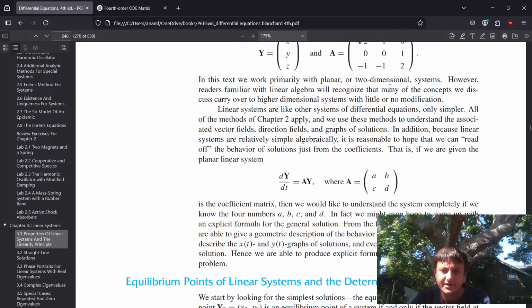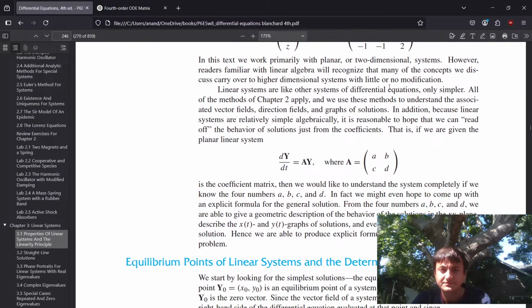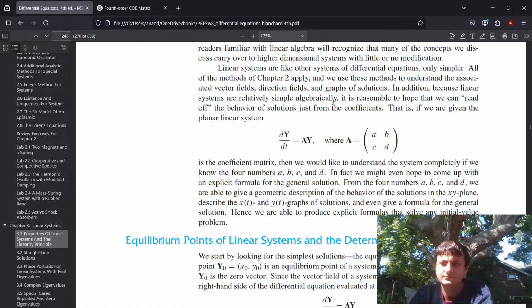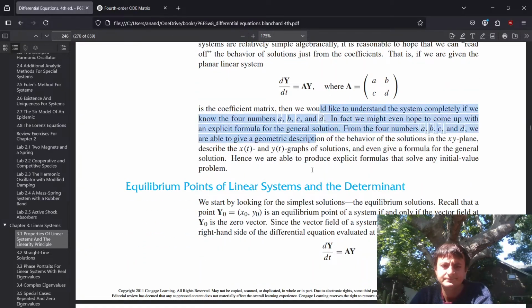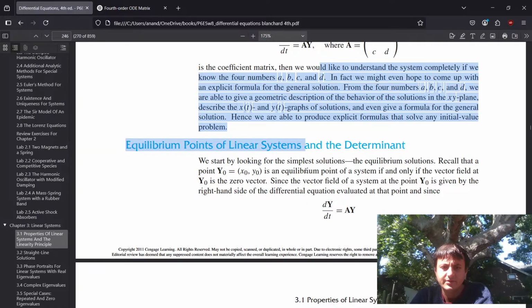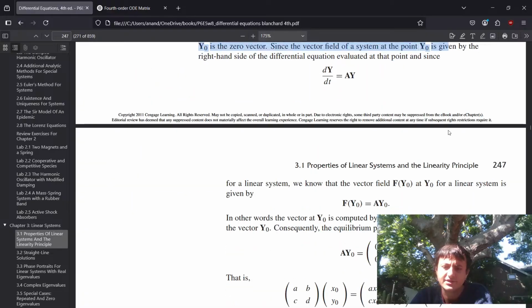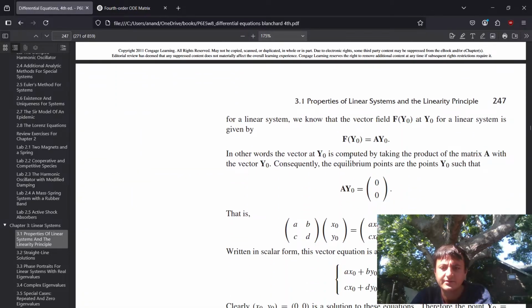Okay, defining dimension. Okay, equilibrium points. Equilibrium points is like a direct application of basic linear algebra, it seems.